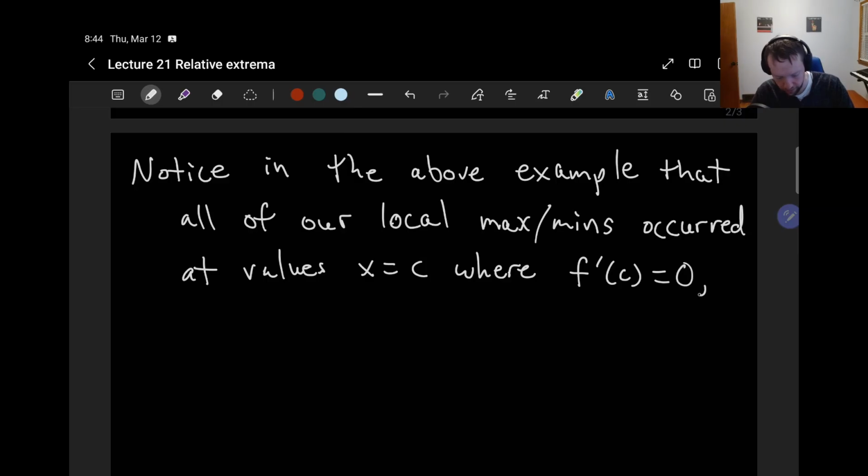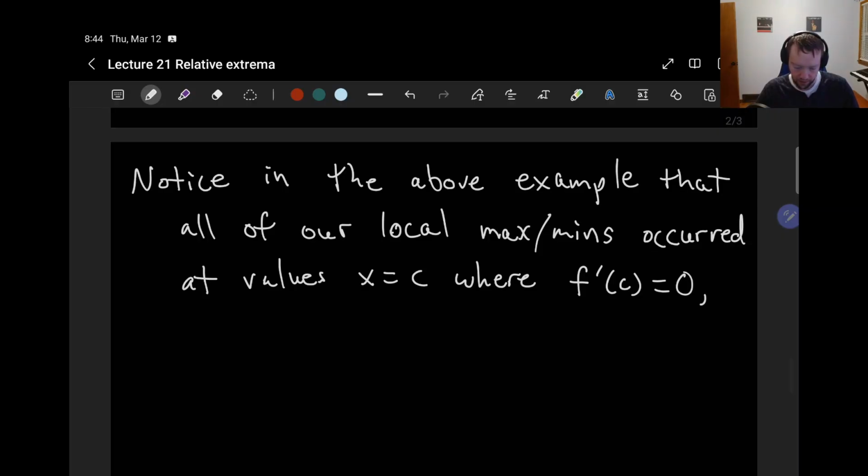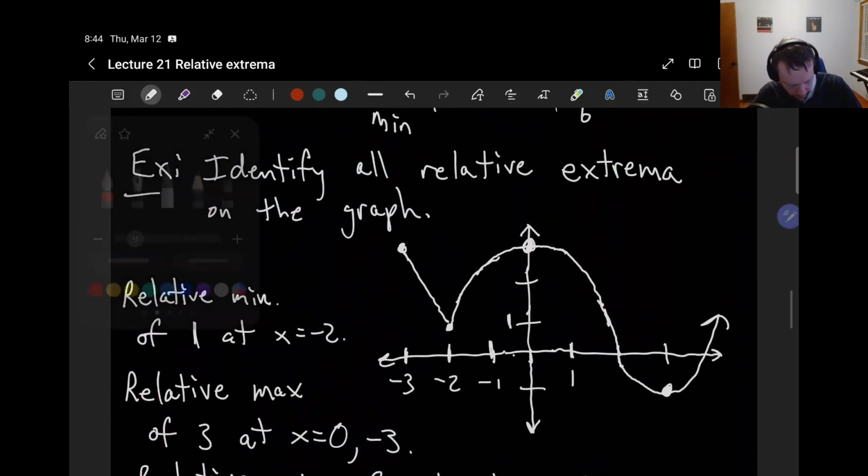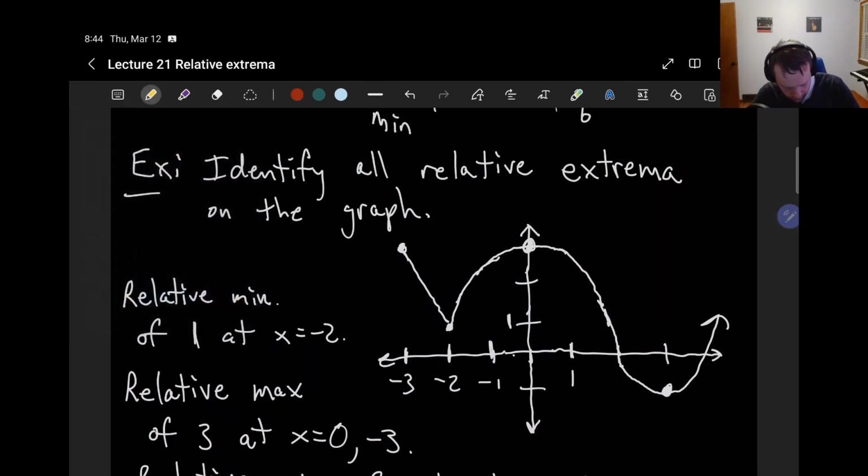So for one thing, in some of these places, the derivative was 0. And you can tell by looking at tangent lines if you draw them. Right there, that's a horizontal tangent line that just glances the curve. So that has slope 0. The derivative is 0 at that point. And likewise with this one down here.